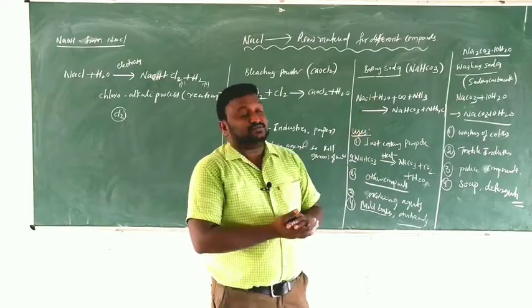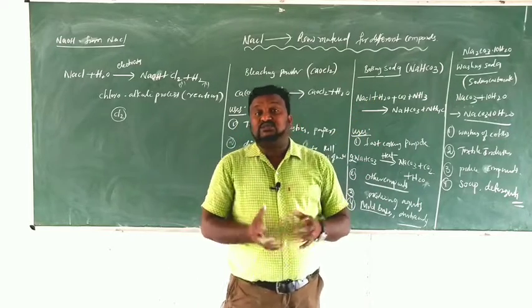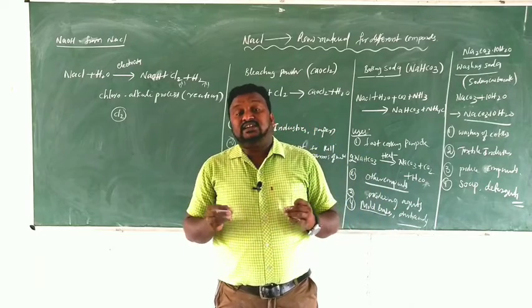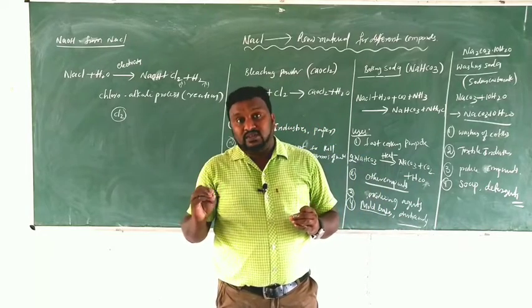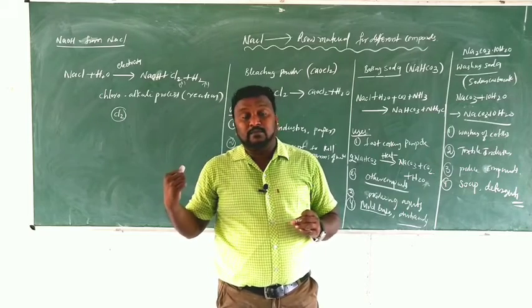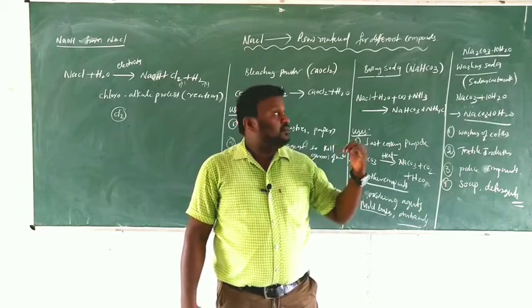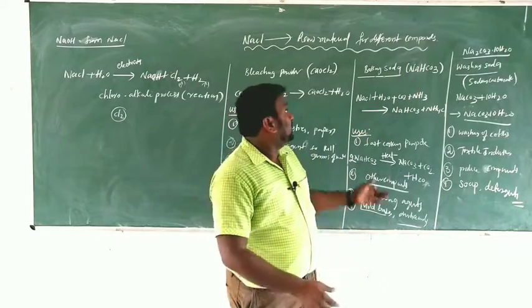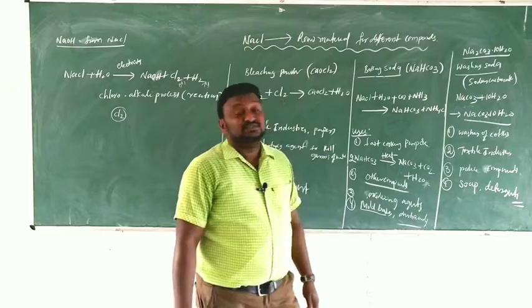So children, this is a very important topic for 2-mark and 1-mark questions. From the examination point of view, they will ask the uses and chemical formulas of bleaching powder, baking soda and washing soda. Most students get confused between baking soda and washing soda.